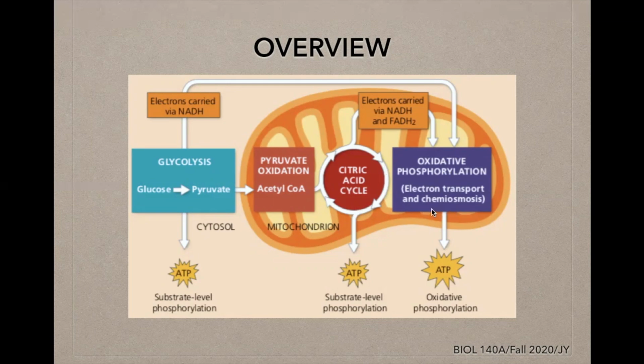Together, the electron transport chain and chemiosmosis make up the third stage of cell respiration, which is termed oxidative phosphorylation. And then during earlier steps of cell respiration, a few molecules of ATP are synthesized in a process called substrate level phosphorylation. So that concludes this presentation on cellular respiration.